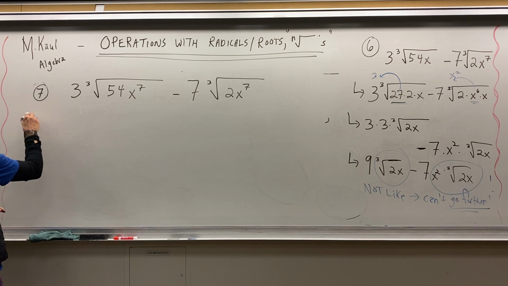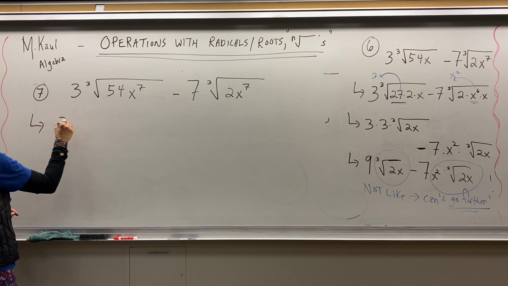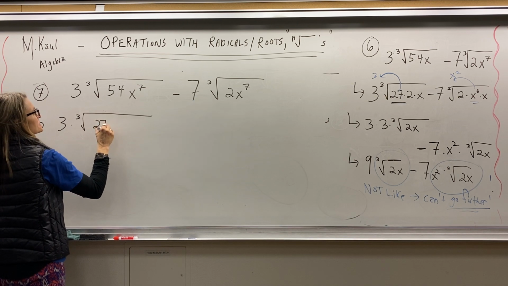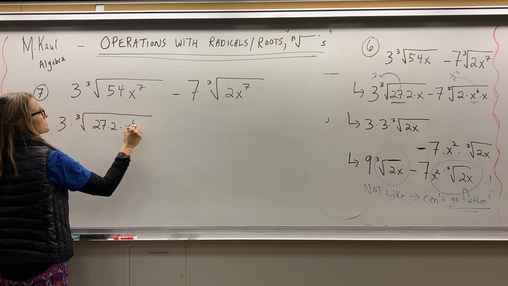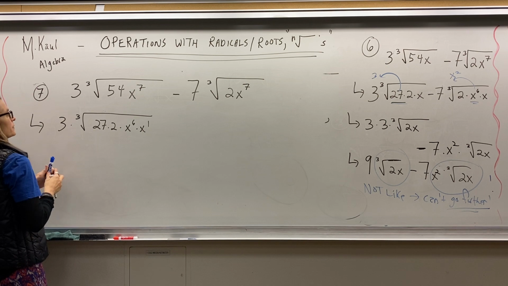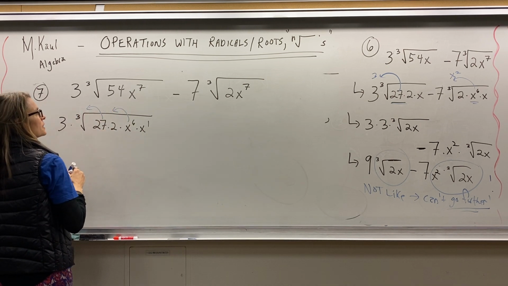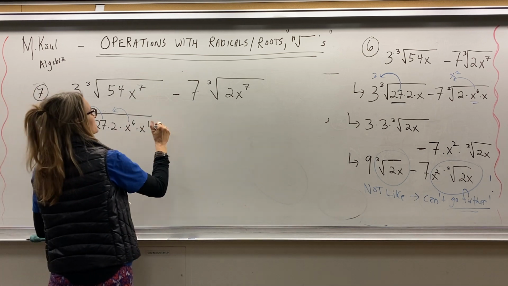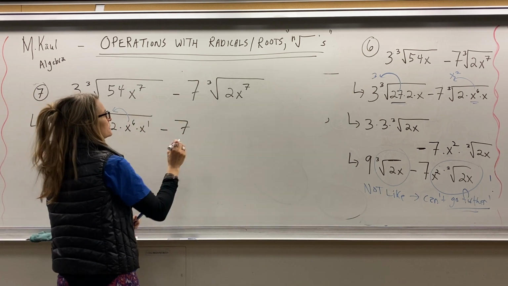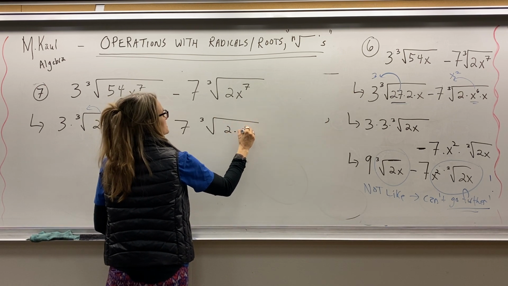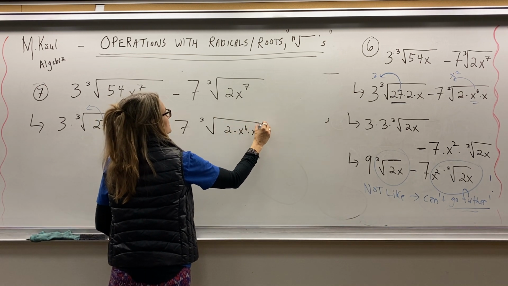So abiding by the same rules, we'd say 3 times the cube root of 27 times 2 times x to the 6 times x to the 1st, where this part comes out and this part comes out, minus 7 and the cube root of 2 times x to the 6 times x to the 1st.